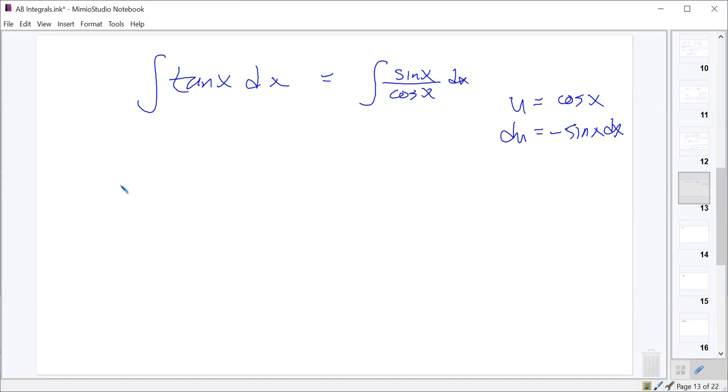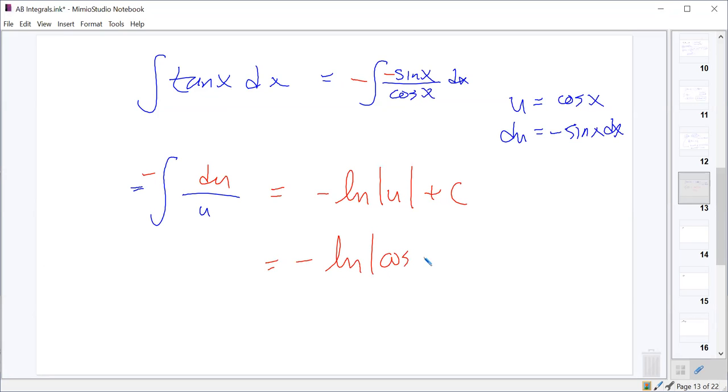And if we go back in here, the bottom is going to become a u, but we need to put a negative sign inside to get the negative sine x, which means we'll put a negative sign outside, and we'll have negative du over u, or negative natural log absolute value u plus a constant. Good or no? Good. Cool.